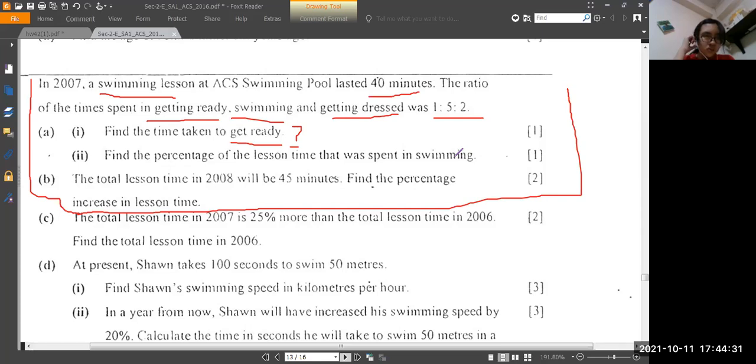How do you do this question? So getting ready is 1 unit. Can you see? Swimming is 5 units. Getting dressed is 2 units. Then the swimming lesson is 40 minutes. So the swimming lesson is how many units?